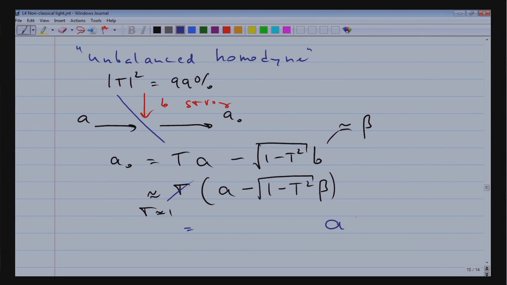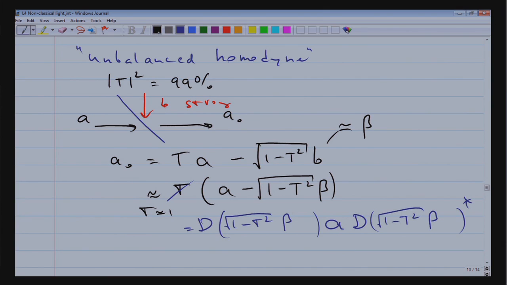And what we have simply done is we have displaced the mode operator A, and the displacement operator has an argument of square root of 1 minus T squared times beta, and this is the Hermitian conjugate.